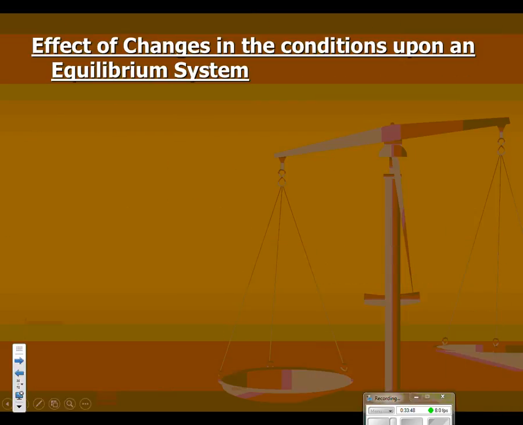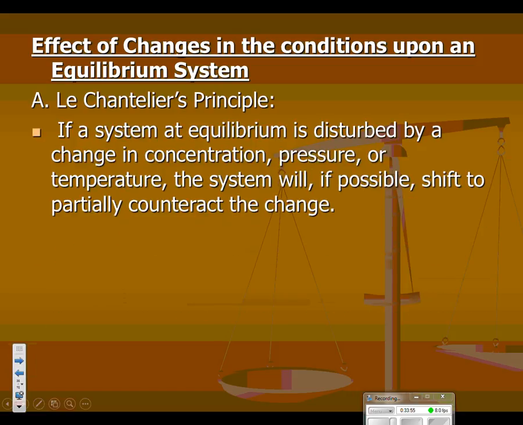Okay. So the effect of change in the conditions upon the equilibrium system. So what happens? Le Chatelier. Le Chatelier basically says if I put a pressure on a system that's at equilibrium, it's going to shift the opposite way to counter that pressure so that I find a new equilibrium. So for instance, here I'm standing at equilibrium.